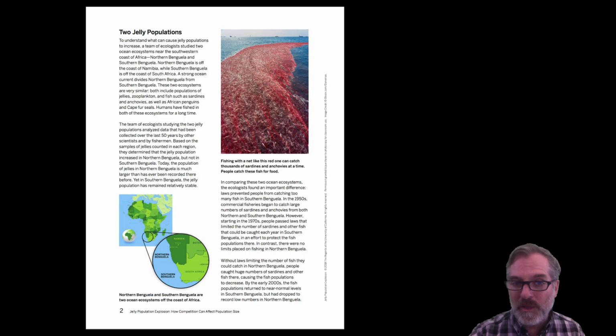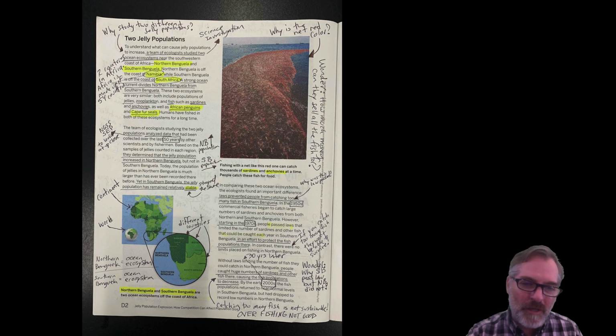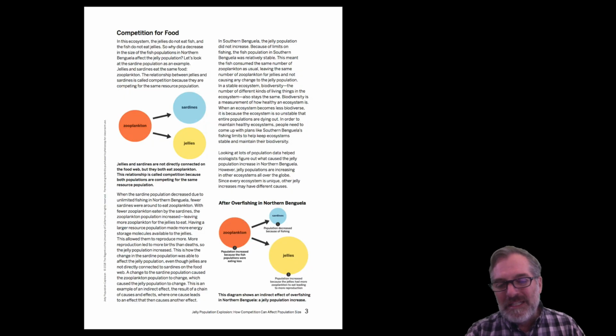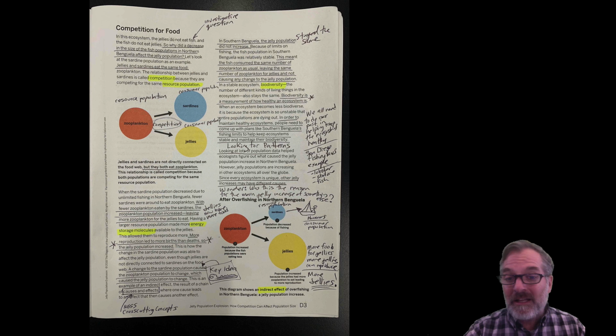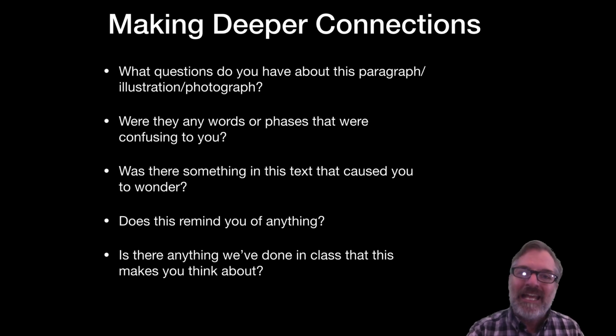This is the second page, and this is where I added my annotations, what I was wondering about, how I made a personal connection with the text, how it maybe related. Here's the third page, how maybe it related to something we're already learning about in class. So I want to teach you how to do that. It's a great skill to have, to make deeper connections with what you're reading and not just mindlessly annotating.